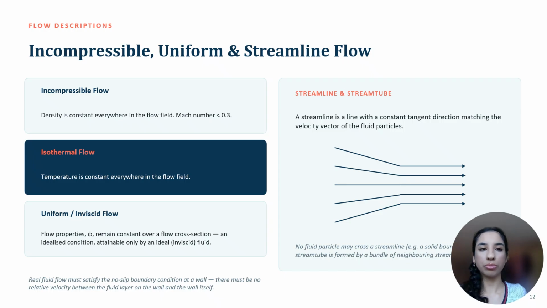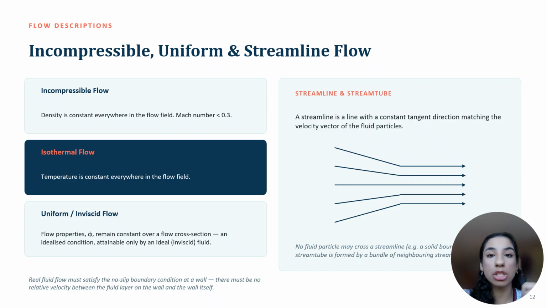Now this one: incompressible, uniform, and streamlined flow. First of all, incompressible flow is where the density is constant, no matter where in the flow field. Now Mach number is the speed of the fluid over the speed of sound in that medium. Then isothermal, which you hear a lot: iso means the same, thermal means temperature.